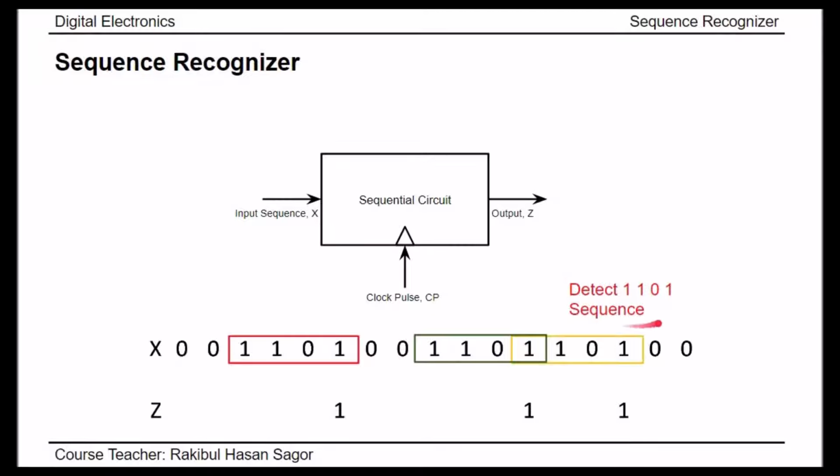Whenever it detects 1101, the Z output will be 1. For all other input sequences, the Z output will be 0. Remember, we need to have a memory that it has got 1, then the second one, then in the third case it's getting 0, then in the fourth case it's getting 1. Once it gets the final one, then the output Z will be equal to 1.